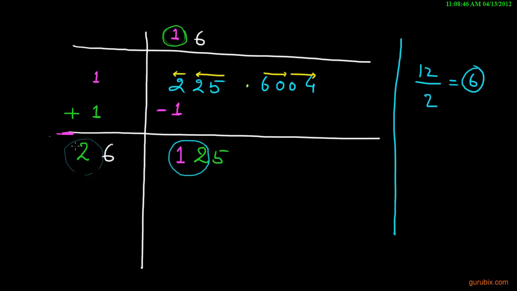Then this number becomes 26 and this number is 6, and now we shall multiply 6 with 26, we get 156. What do we observe? This 156 is greater than this number 125, so 6 is not appropriate here.